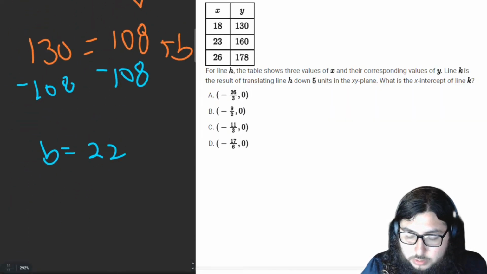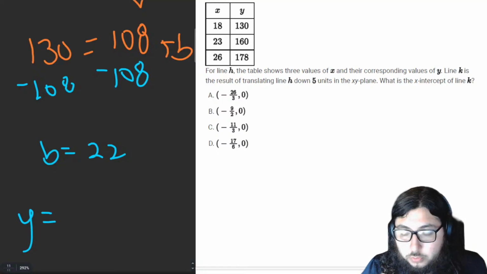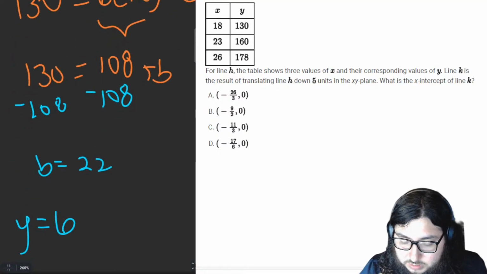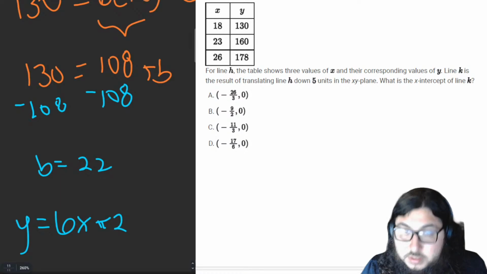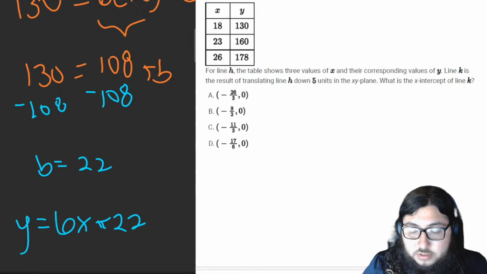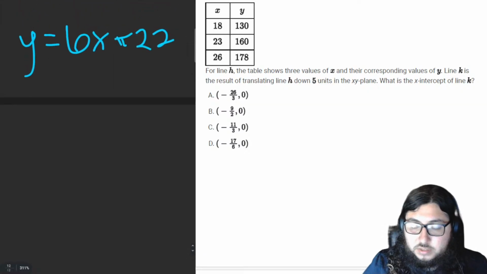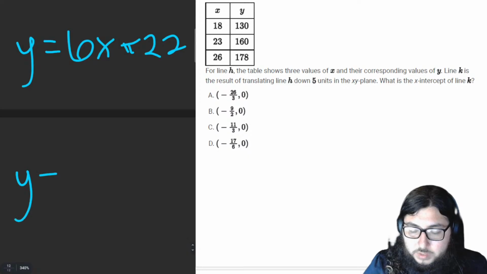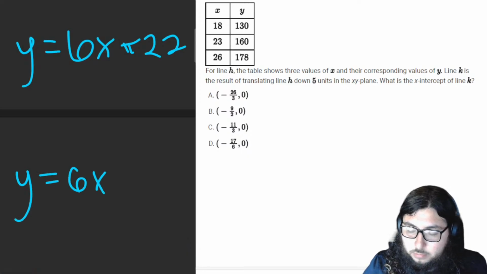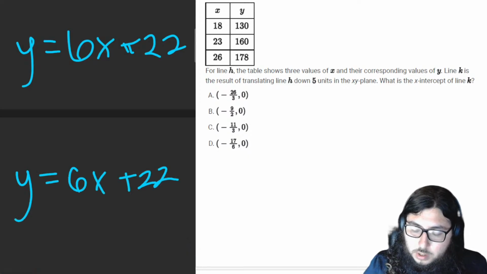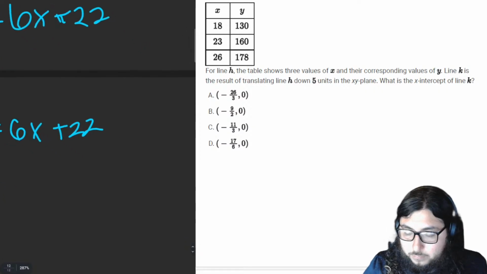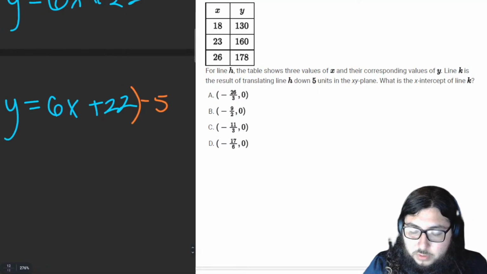So our full equation is y is equal to 6x plus 22. Now they tell us that line K is the result of translating line H down 5 units in the xy plane. So we do y is equal to 6x plus 22, and then we subtract 5 to translate this down 5 units.